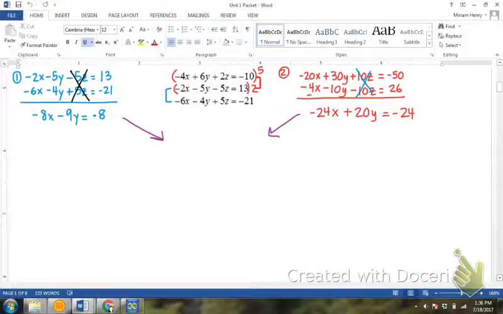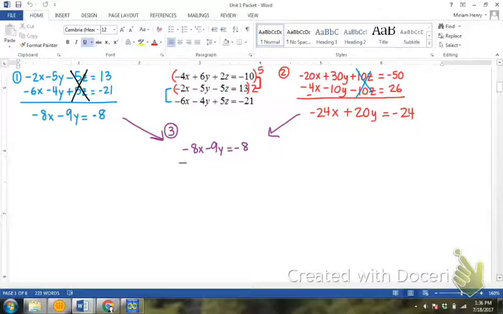Now, what I'd like you to do before multiplying anything out, step number 3, just write the 2 equations down. Okay? And I would draw arrows like that so that when you go back to look at your notes, you see where these 2 came from. Okay? So we have negative 8x minus 9y equals negative 8.